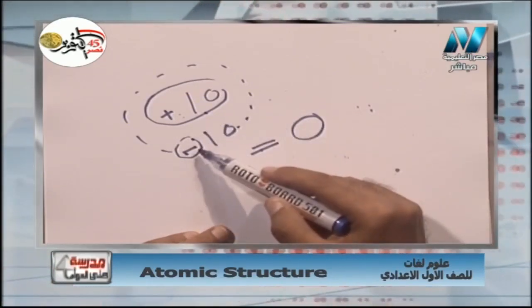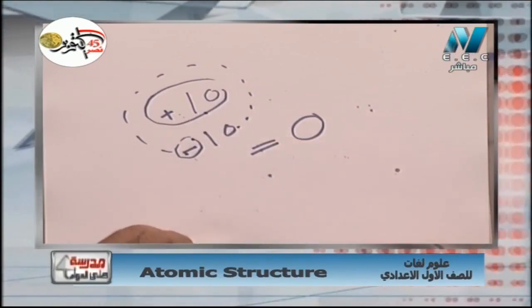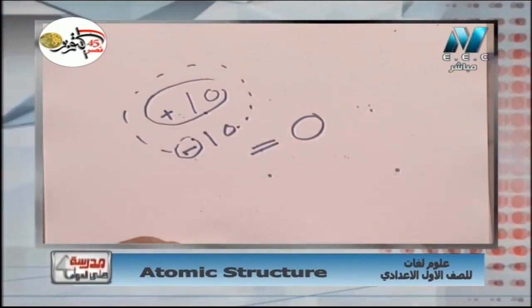If electrons are more than protons, it's not an atom. It's called an ion. But if it is an atom, it is electrically neutral, because the number of protons equals the number of electrons.